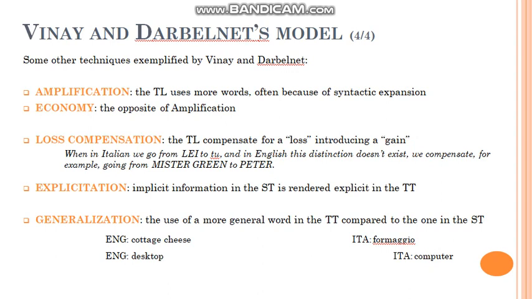Explicitation is when implicit information in the source text is rendered explicit in the target language. And generalization is the use of a more general word in the TT compared to the one in the source text, like in English cottage cheese, and in Italian formaggio.